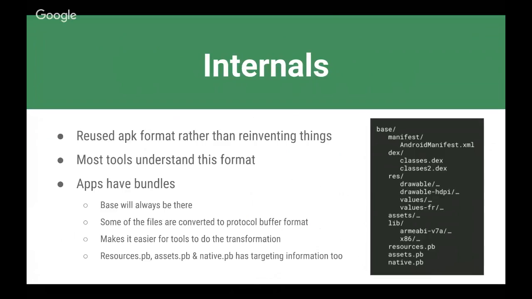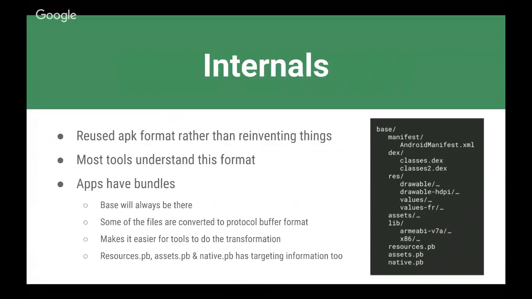These are three lookup tables: one for resources, the second for assets, and the third for native SO files. These are in protocol buffer format, and the reason for keeping them in protocol buffer format is that they can be easily transformed by the tools that we have. Secondly, it also contains some additional targeting information. So that is one of the major changes if you take a look at an AAB versus an APK.